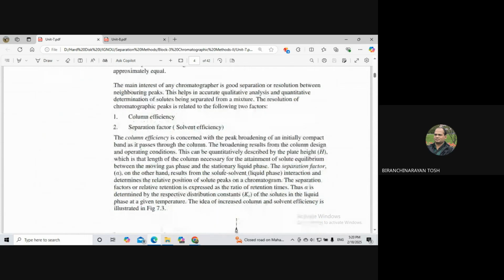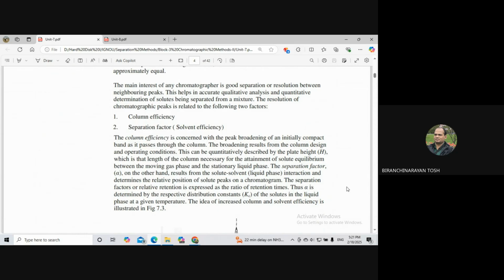Then the separation factor, alpha, on the other hand, results from the solute-solvent interaction and determines the relative position of the solute peaks on a chromatogram. The separation factor or relative retention is expressed as the ratio of retention times.